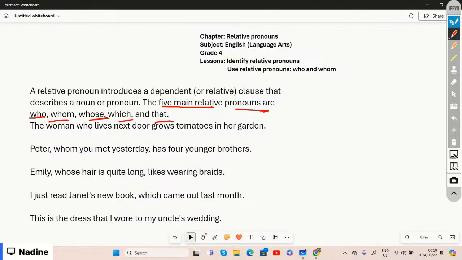And now, if it's explained, then we can say Peter, whom you met yesterday, has four younger brothers. So, Peter, whom you met yesterday, has four younger brothers.